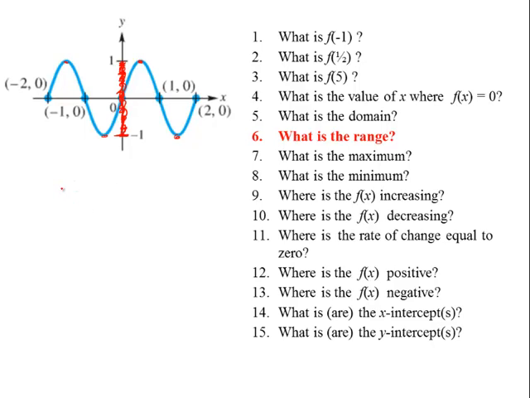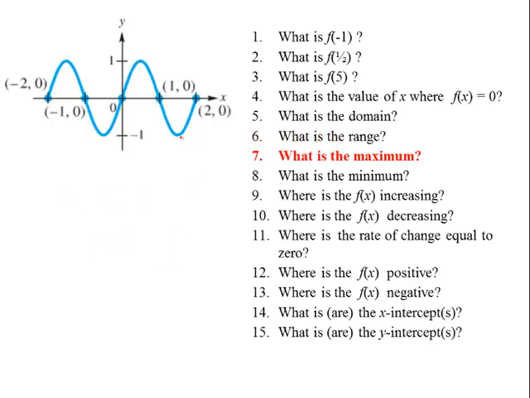Again, we write the smallest, negative 1, the largest is 1, so f of x can be any value in between negative 1 and 1, and they can equal those values, so we include equal to signs. Now if we were to write this in set notation, this would be bracket negative 1 comma 1 bracket.